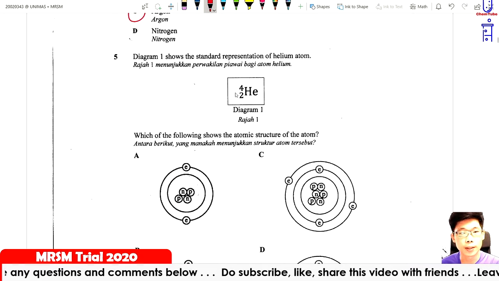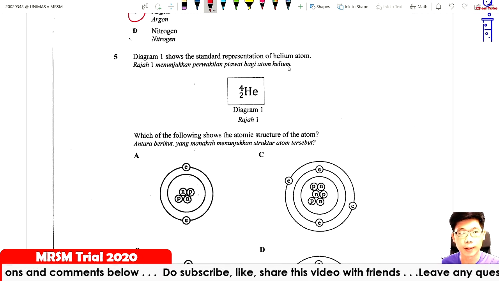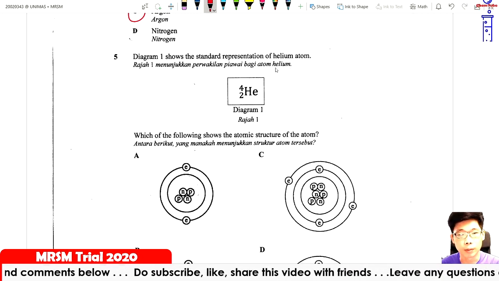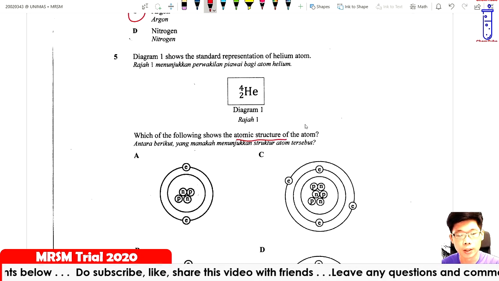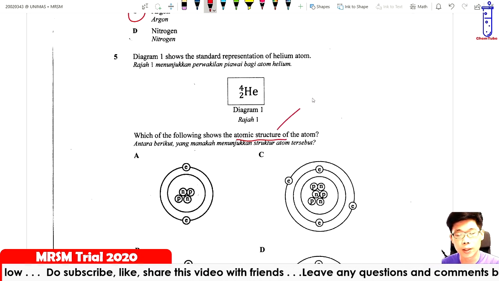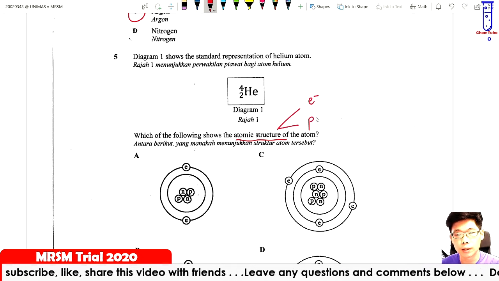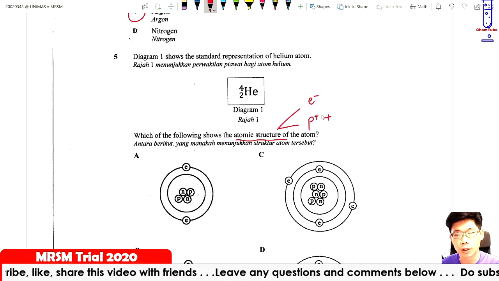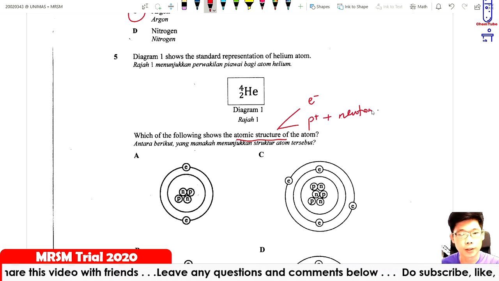Question number 5. It shows the standard representation for the helium atom. Helium is from group 18. Which of the following shows the atomic structure? The atomic structure shows the electrons, the protons and the neutrons. Remember that.